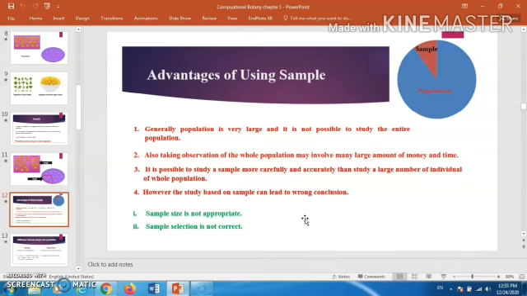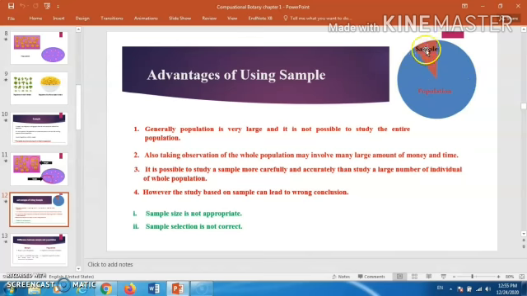However, a study based on a sample can lead to a wrong conclusion. The sample is not the whole population, you can see clearly here, but we could not study the whole population.